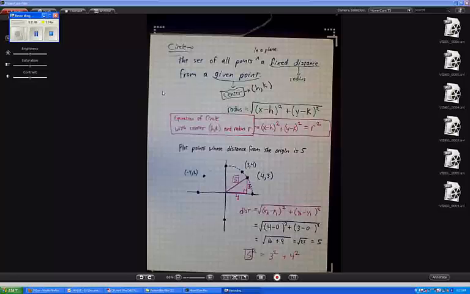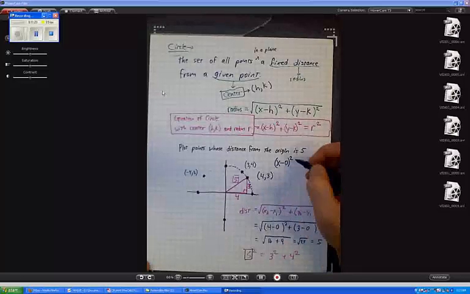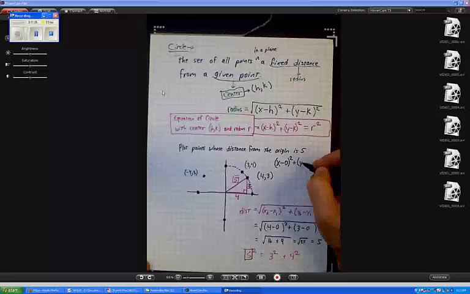So in general, if I want to write an equation for this circle, I can do that, right? I can take the form that's right there, and I can say, okay, I'm going to write x minus 0 squared plus y minus 0 squared equals what?